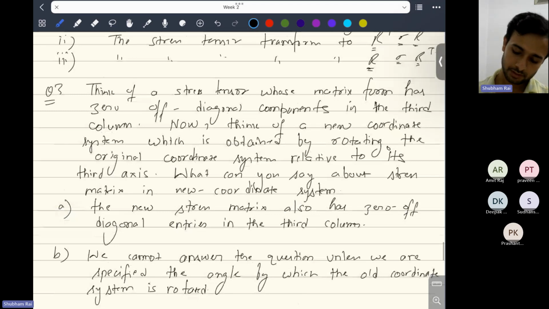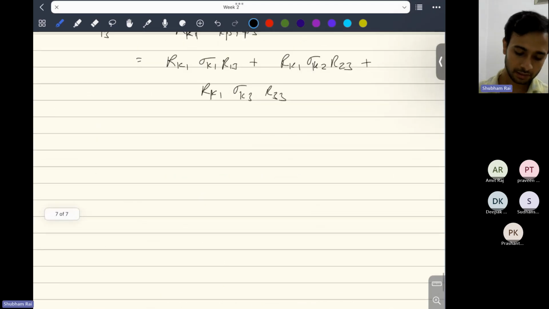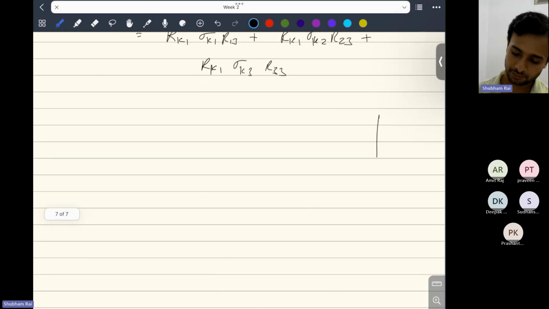So this R, since you're rotating about axis 3, let's say you have initial axes E1, E2, and E3. And the new axes, let's say, will be E1 hat, E2 hat, and E3.